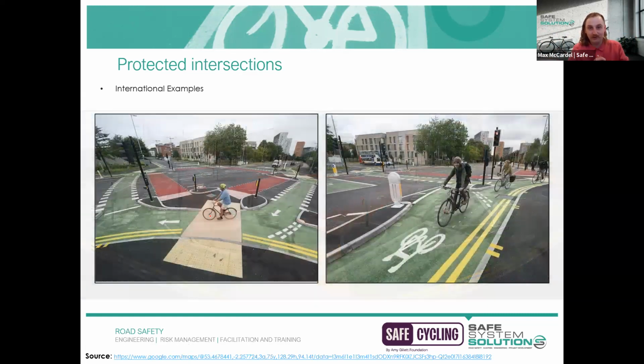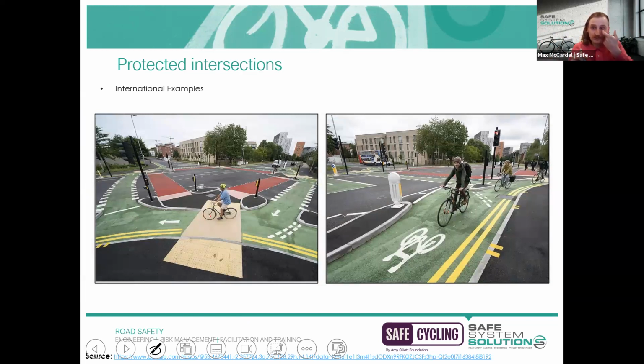Here's just another photo of that particular site. What they've used to demarcate this conflict point is just this yellow paint, which maybe in Manchester means something and is incredibly recognizable.